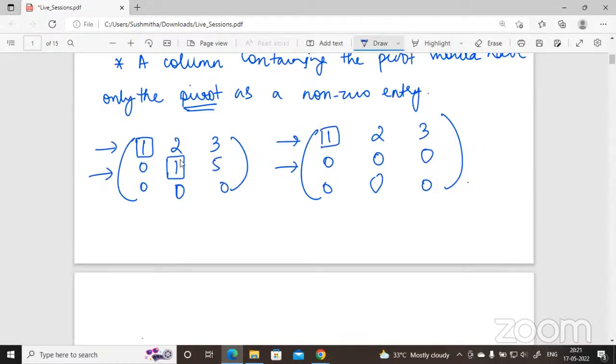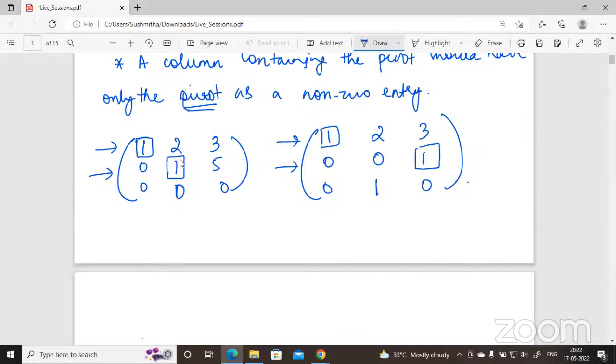Ma'am, sometimes after manipulating the rows, we find that all the entries for x1, x2 up to xn become 0. Then there will be no solution, right? If any row becomes 0, then we can conclude that there will be no solution. No, you cannot always conclude.